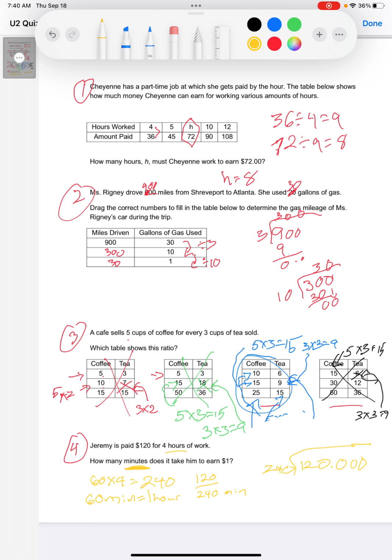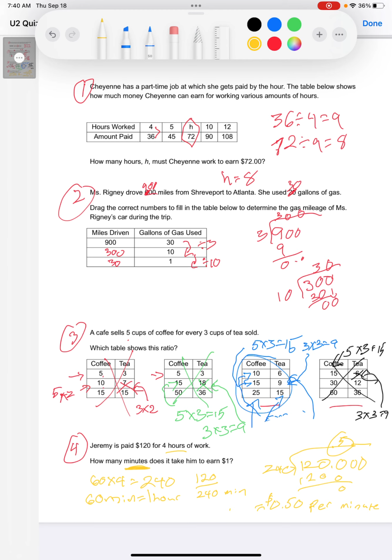So I'm gonna say 5. Well, that's 0, 0 carry 2, 5, and there we go. So it goes in 0.5 times. So that means that they make $0.50 per minute.